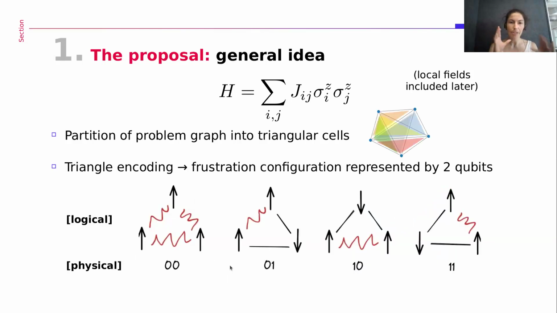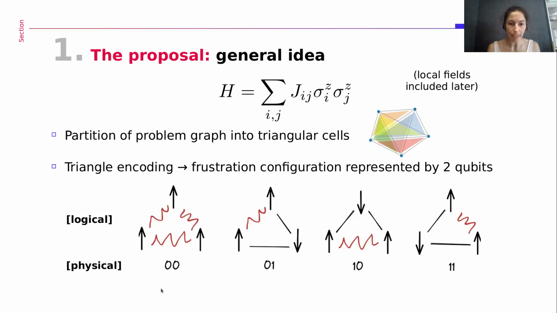Once we are thinking about these individual triangular cells, we can describe the energy within each of these cells via two physical qubits. We can do this because we have this Z2 symmetry, so two qubits should be enough.